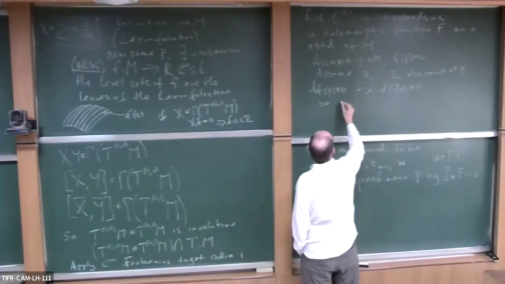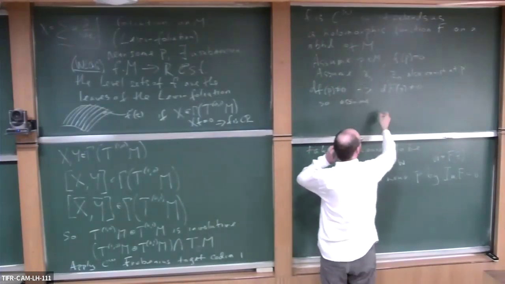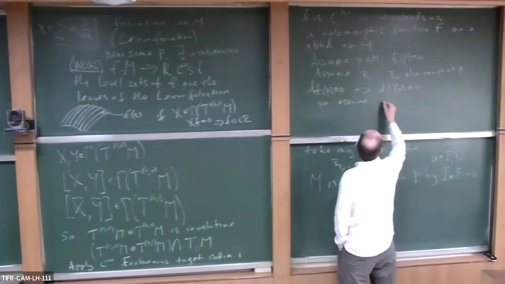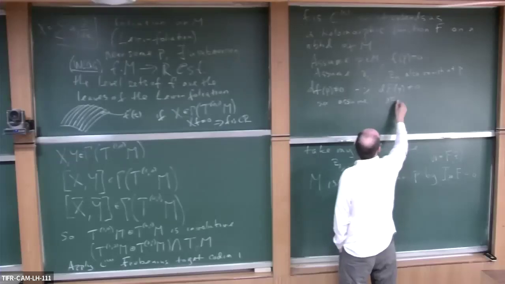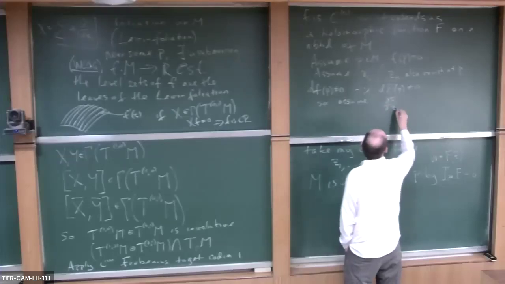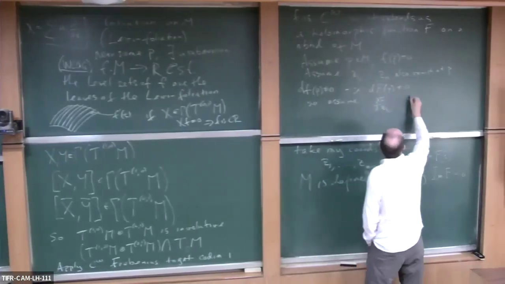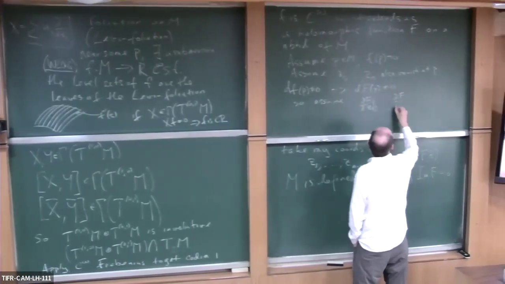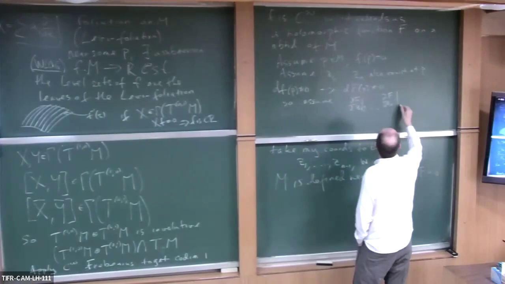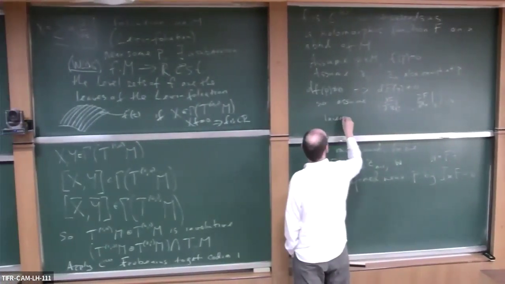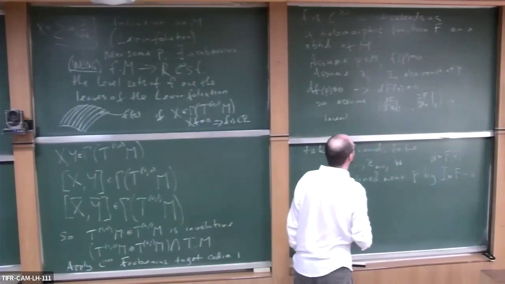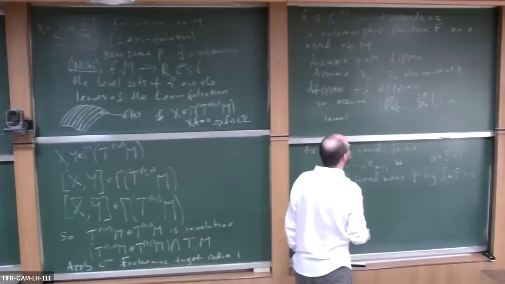So assume, without loss of generality, that the holomorphic gradient over here, as a vector, is linearly... I'm saying the same thing.